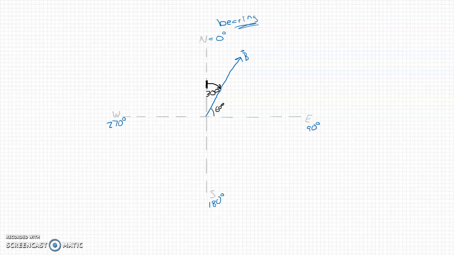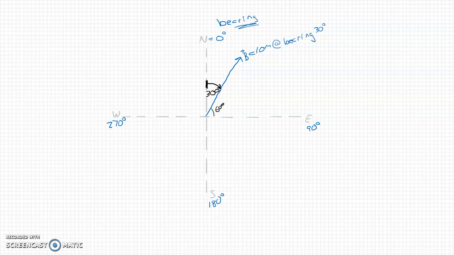So one way we could talk about this vector B would be to say vector B is equal to 10 meters at a bearing of 30 degrees. That would be one way we could describe this. Another way we could describe this is what I sometimes refer to as north of east notation.